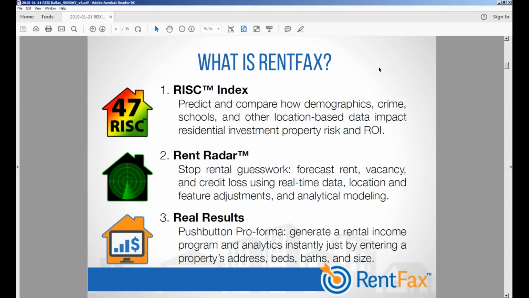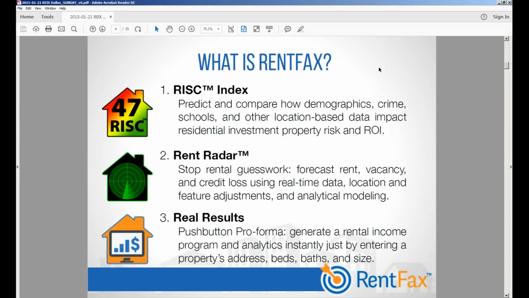One of those, our hallmark or signature product, is the risk index, a proprietary tool and scoring system to quantify the risk associated with a geographic location based on its ability to produce a steady and consistent rental income stream. The RISC is an acronym for Rental Income Stability Composite Index. So it's the risk index.